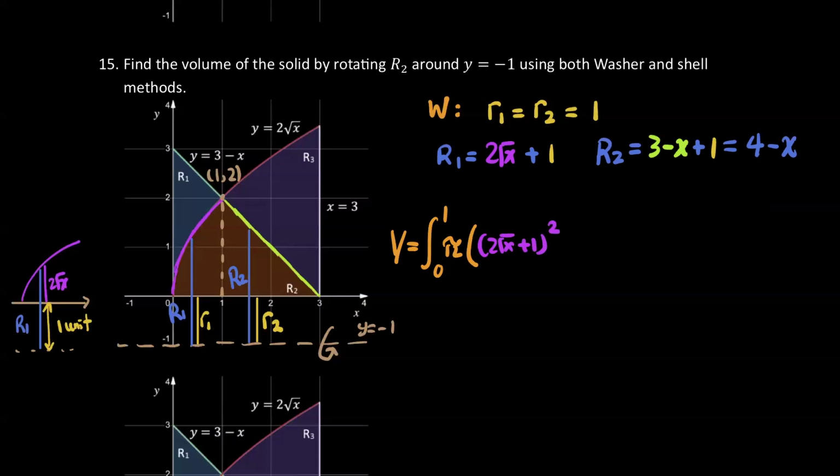And then minus the little r squared. Let me write it in green. Oh, sorry. Little r is 1. The second integral will go from 1 to 3. And this time the big R, I'm going to write it in green. Minus 1 squared.